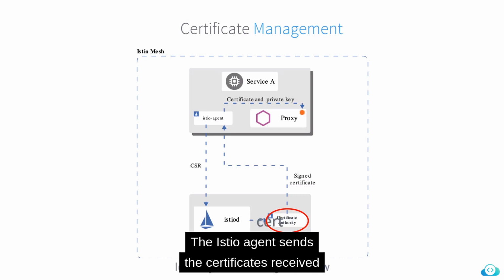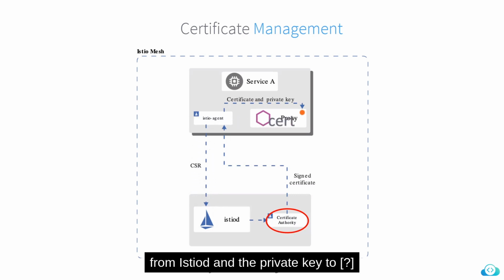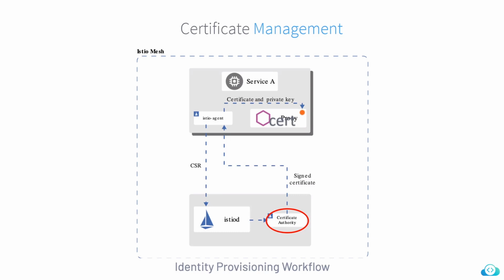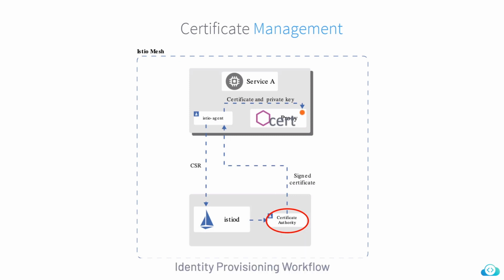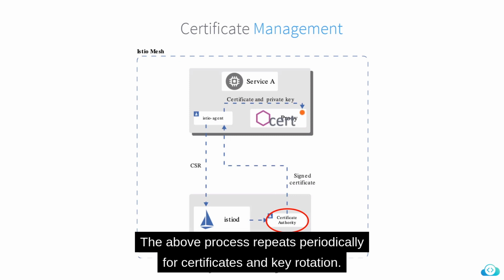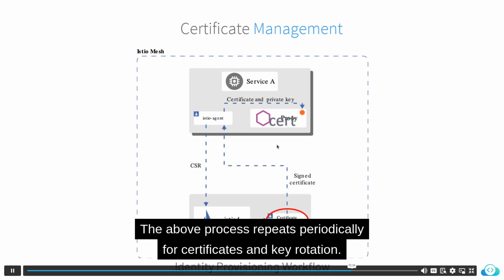The Istio agent sends the certificates received from Istio and the private key to Envoy. Istio agent monitors the expiration of the workload certificate. The above process repeats periodically for certificate and key rotation.